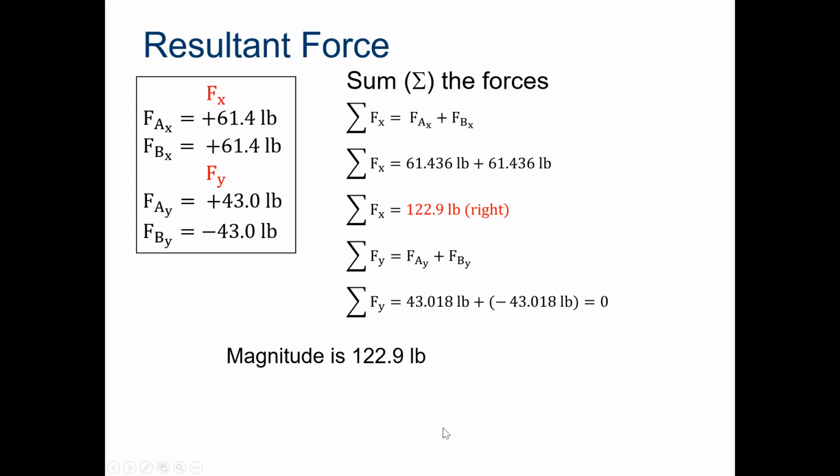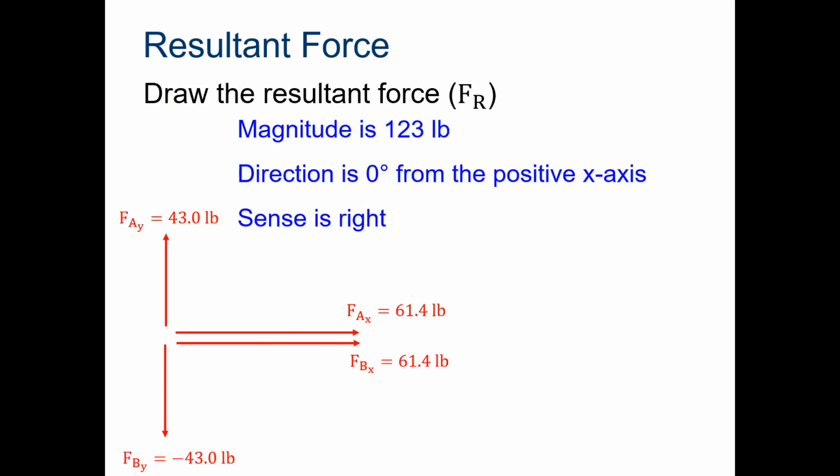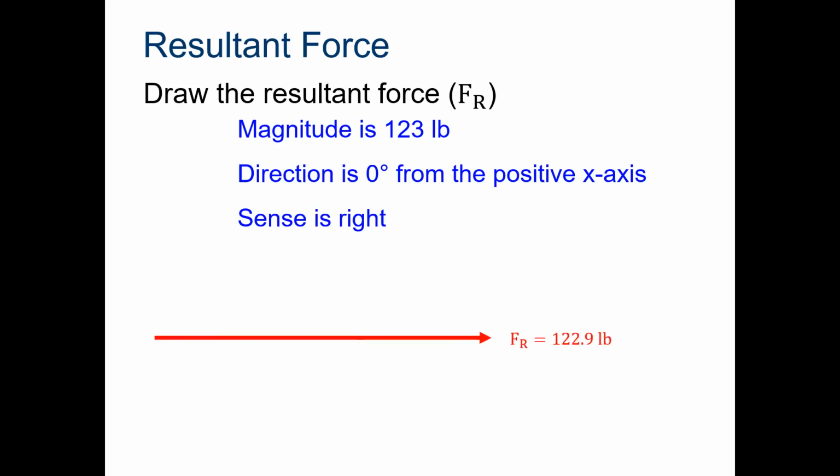So therefore, our resultant force is going to be a magnitude of 122.9 pounds. And the direction is 0 degrees from the positive x-axis, and our sense is to the right. All right, so our next step is to draw a free body diagram of our resultant force.